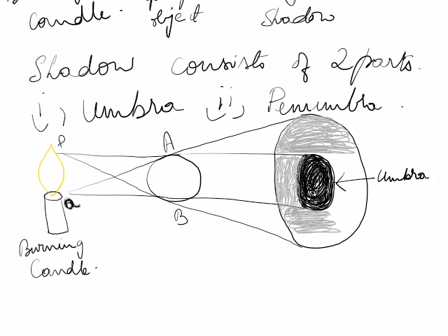So, umbra is the dark central region of the shadow where there is no light reaching from the source of light because of the opaque object placed in its path, and penumbra is the less dark region or dim region surrounding the umbra, is called penumbra.